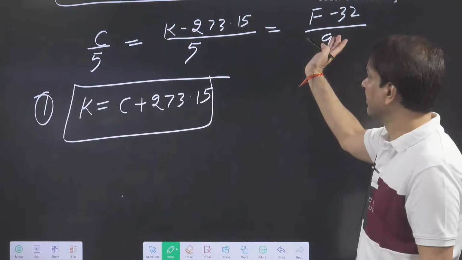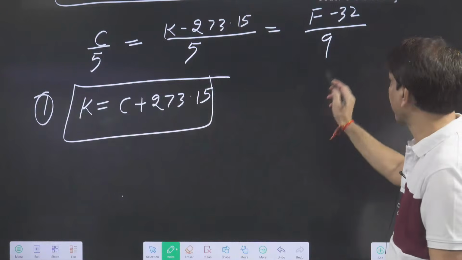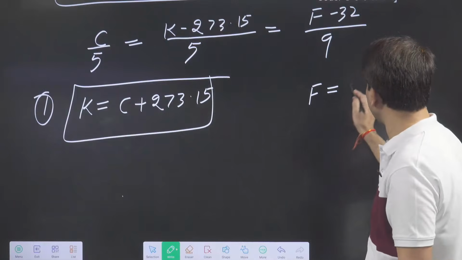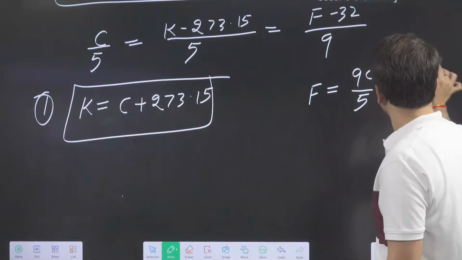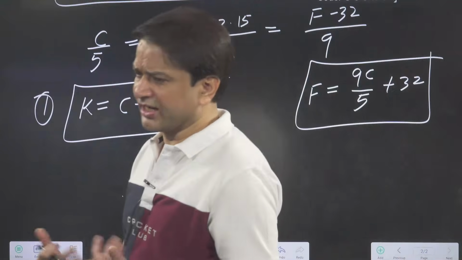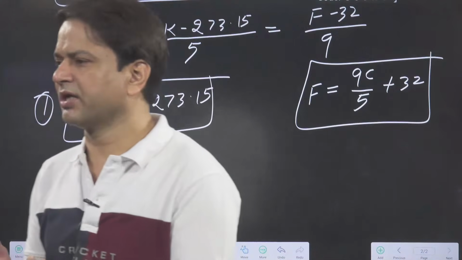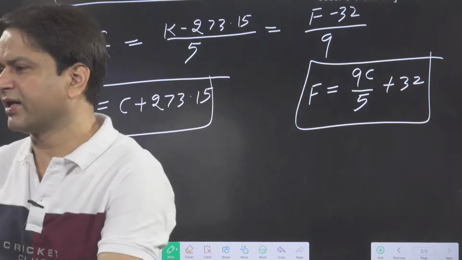Similarly, if I ask the relation between F and C, you will get F is equal to 9C by 5 plus 32. Directly you can remember these two relations. Otherwise, if you are getting confused, remember that we can equate the TSI.